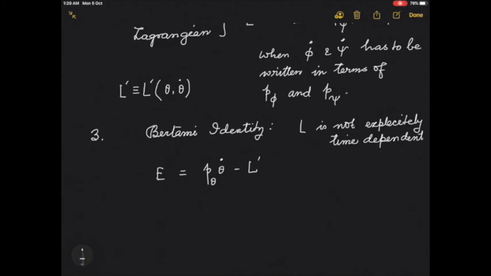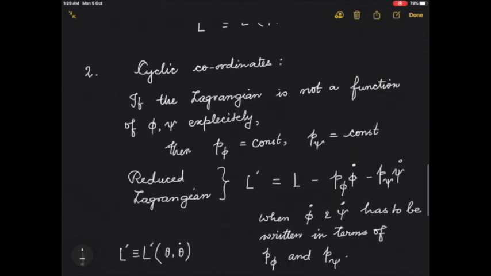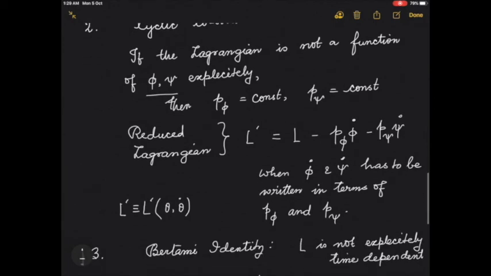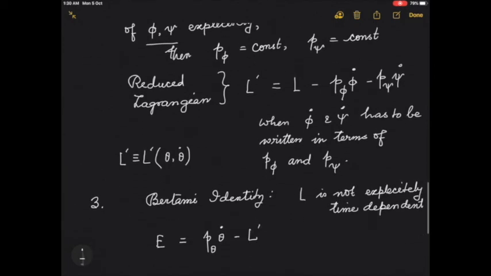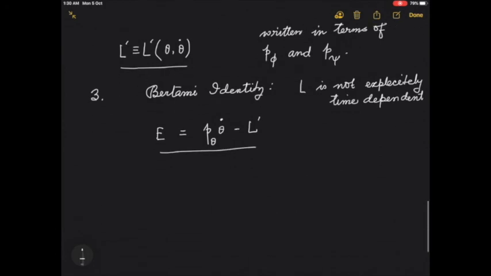Now, we will be using all these ideas in our calculation today. It will turn out that our Lagrangian is independent of the coordinates phi and psi, which you will see explicitly how it turns out. So because of that, we will be able to write down a reduced Lagrangian of this form. And then we'll get this.